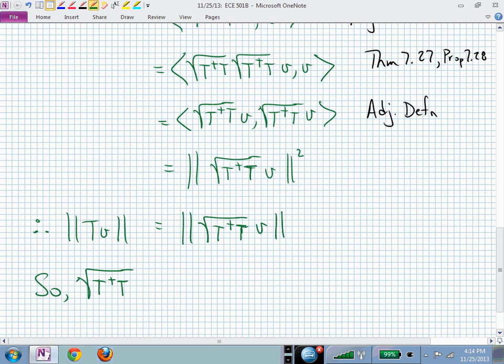So now this positive square root of T adjoint T has the same effect on norms as T.